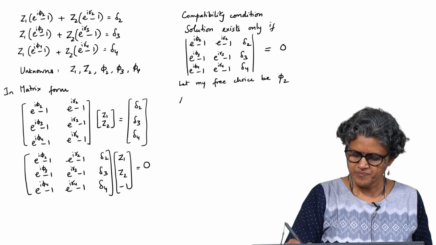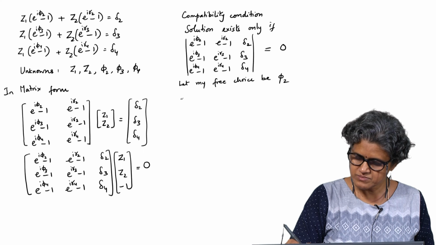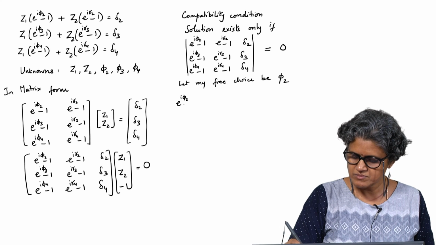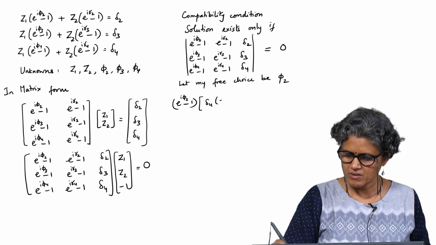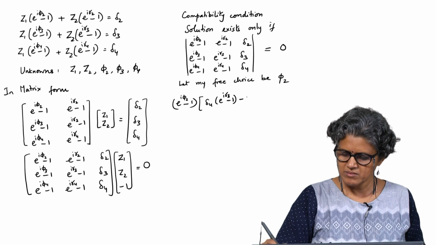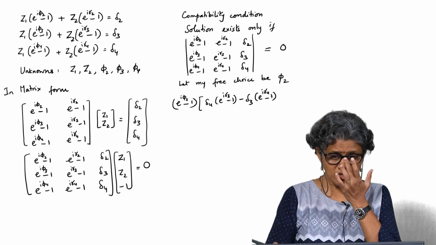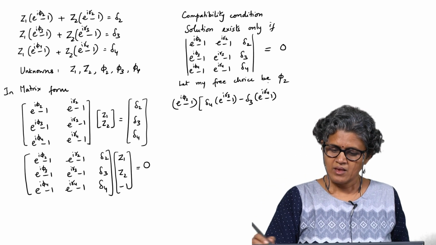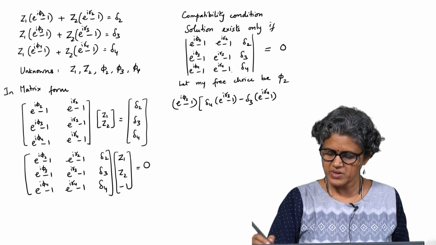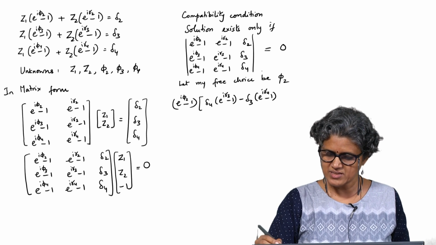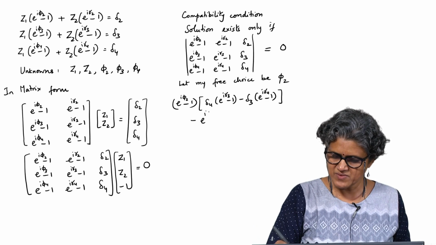So, I can say delta gamma 3 minus 1 minus delta 3. Remember, all these are complex numbers, the deltas, and so are the e to the power I gamma 2, gamma 3 etc. Okay. Minus, I will expand about the first column because that is where the unknowns are.